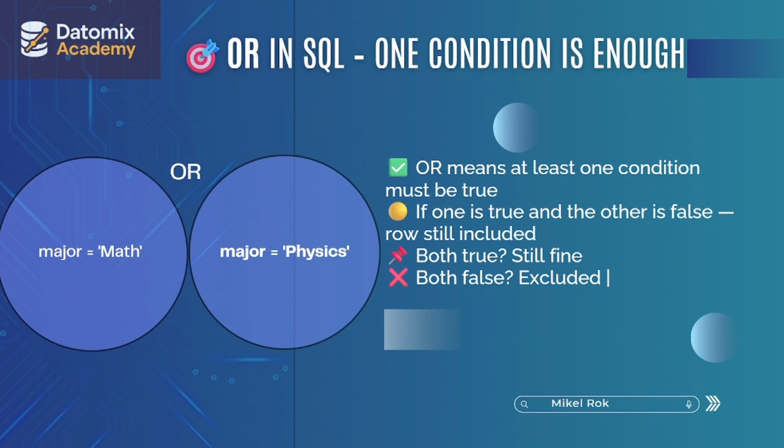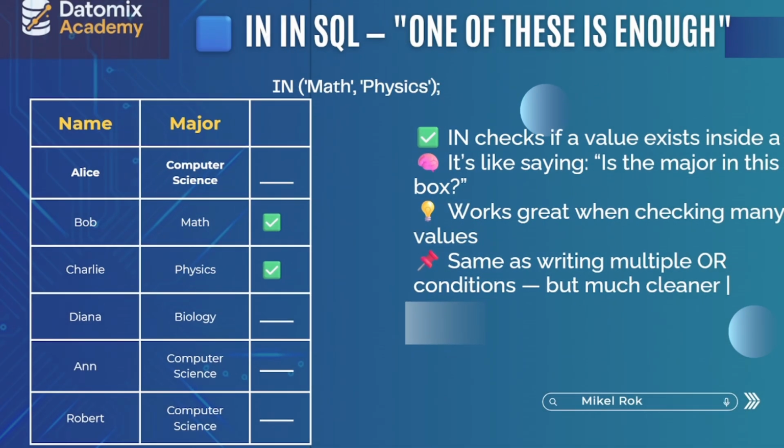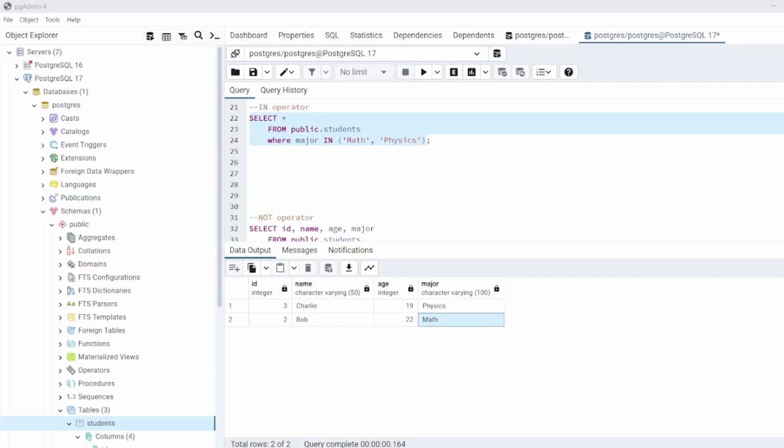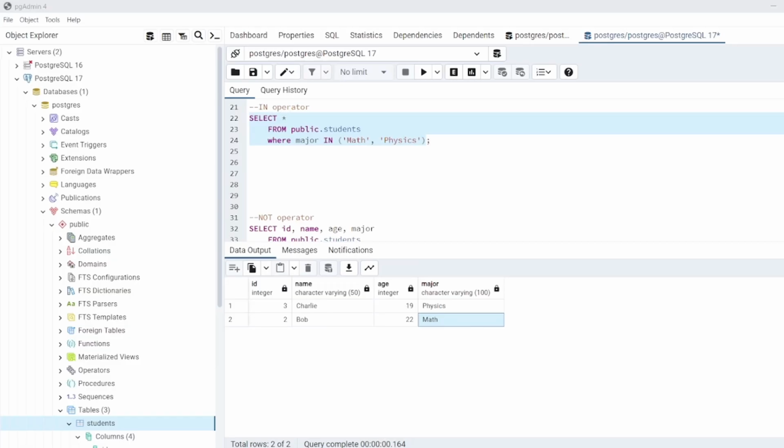Now let's talk about IN and NOT. What does IN mean? IN lets you check if a value exists inside a list. Instead of writing a long chain of ORs, you can just do this. Like SELECT * FROM students WHERE major IN ('math', 'physics').